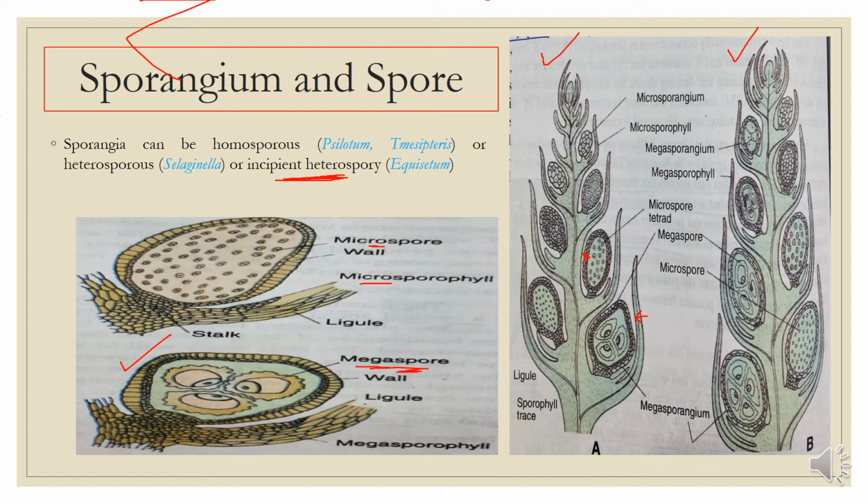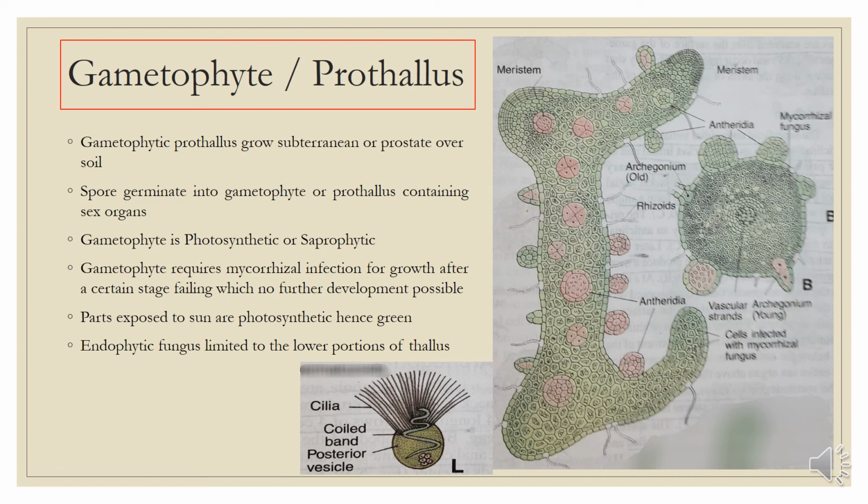And for the two types of spores, homosporous and heterosporous species, the gametophyte comes with the two types of sporangia. The spores produce gametophytes. The microspores produce male gametangia, and the megaspores produce female gametangia.